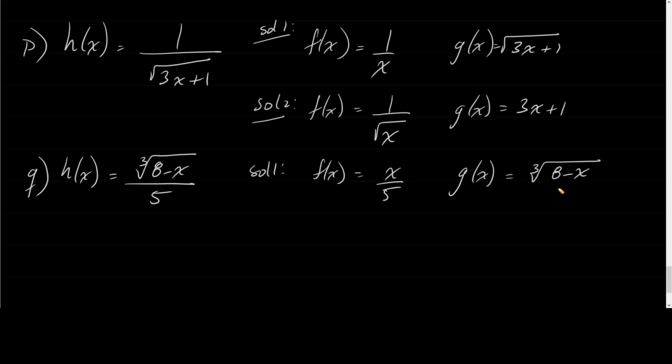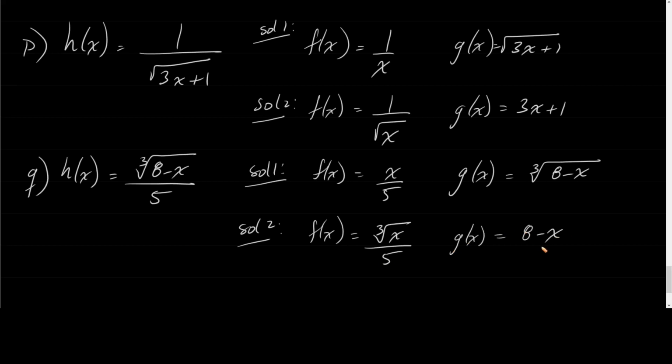Another possible solution, solution 2, would be, let's say, f of x were the cube root of x over 5. And then g of x being the inside function would be just 8 minus x.